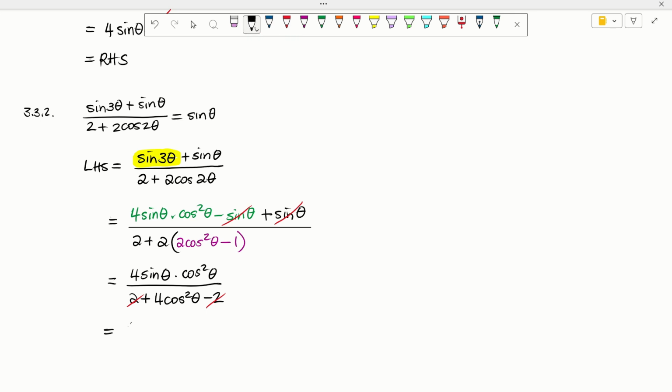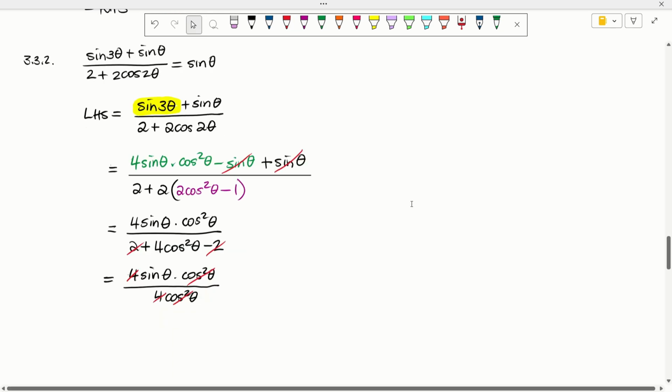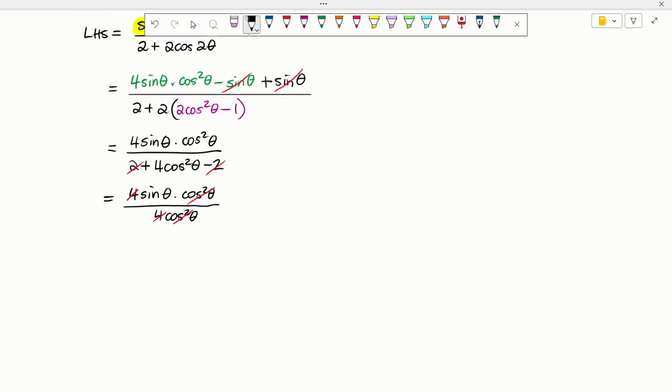So I'm left with 4 sine theta multiplied by cos squared theta over 4 cos squared theta. Therefore, we can see the 4 cancels the 4, the cos squared theta cancels the cos squared theta, and then I'm left with sine theta.